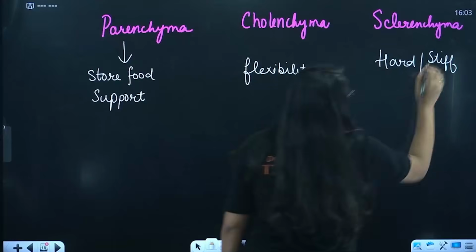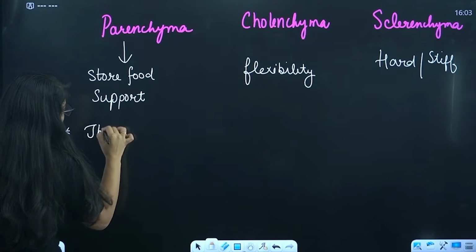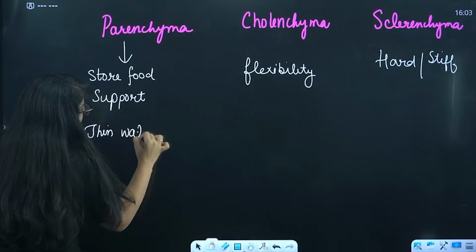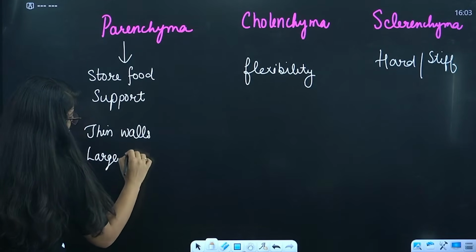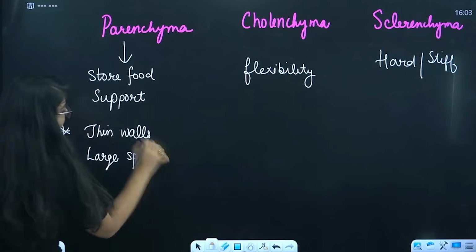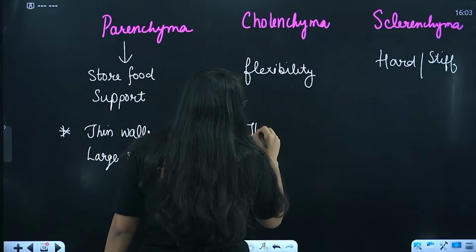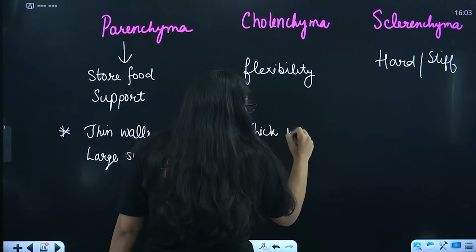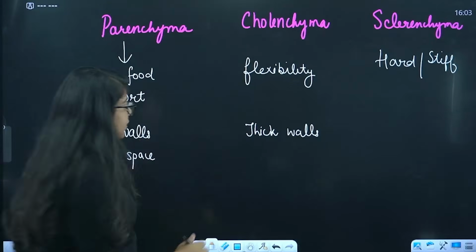Now beta, parenchyma has very thin walls, and hence very large space between the cells. Similarly, collenchyma has a little thick walls and less intercellular space than parenchyma.